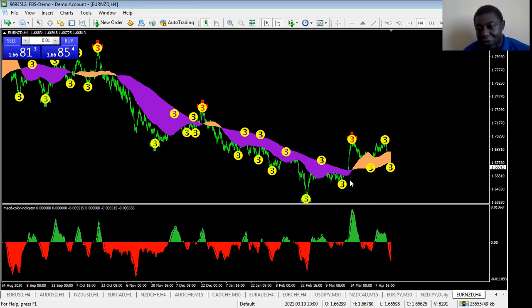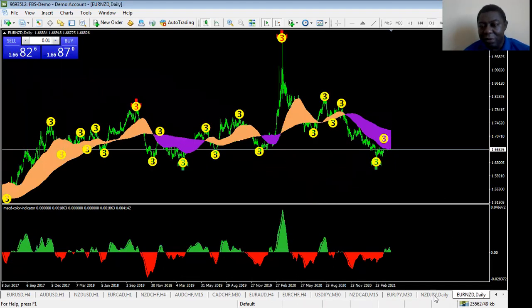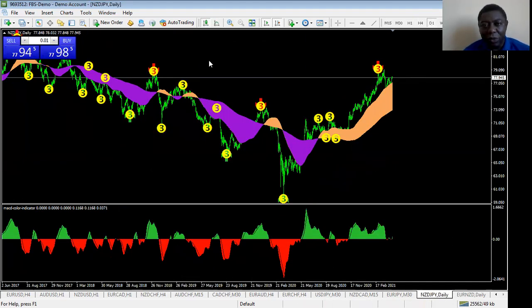Here the market retraces to go up and breaks through the purple color, which is not a good one. Even though it really moves straight up, I wouldn't advise you to take that. So we're going to just cruise around and look for what we want.